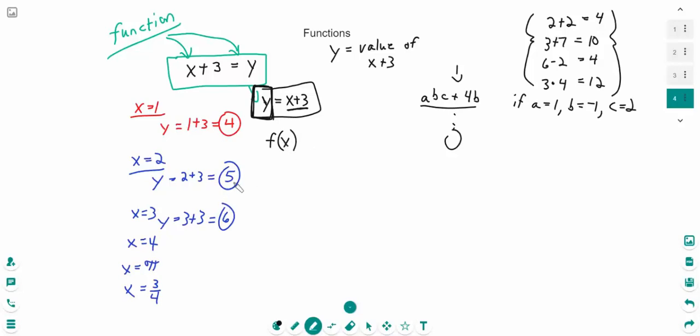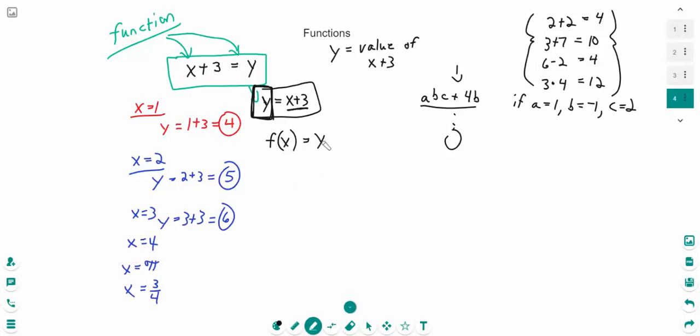Now that might look really confusing to you, but it's not, so don't let it scare you. F of x, that's how you would read that. This is just another way to write a y.